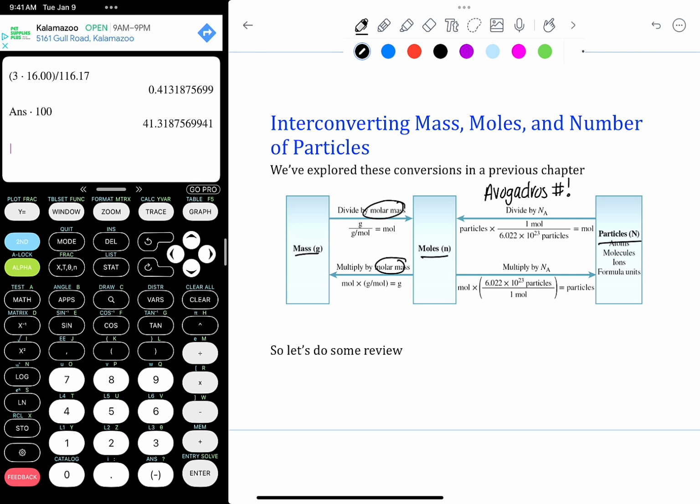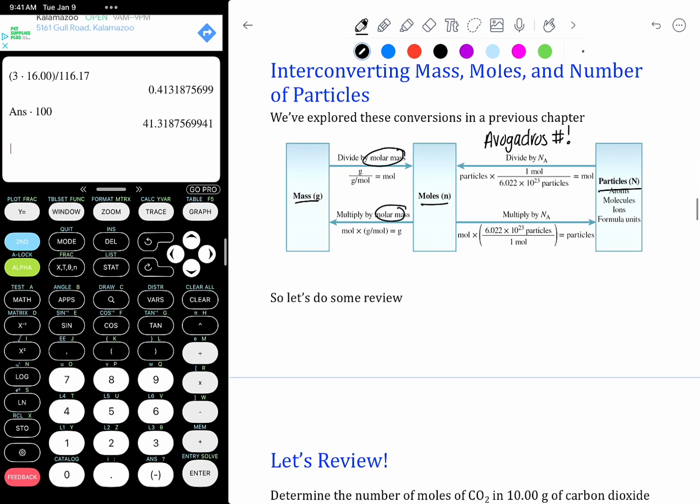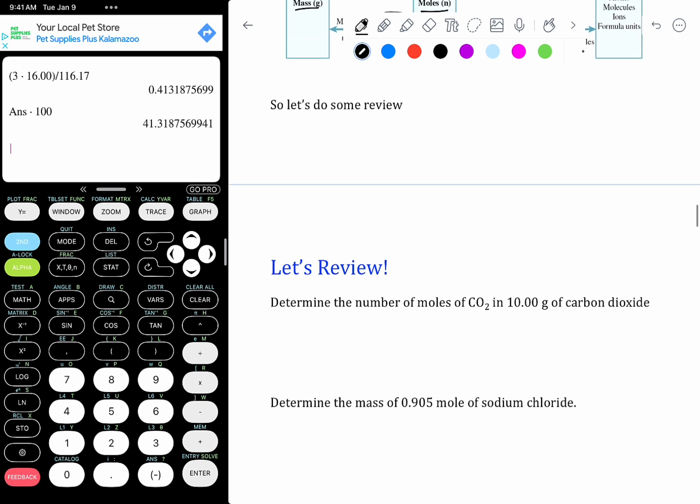We've done similar problems to this before, in chapter 2. So let's review how we're going to use this conversion chart in order to solve some of our problems.